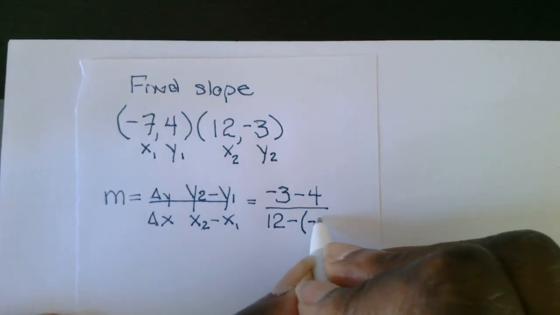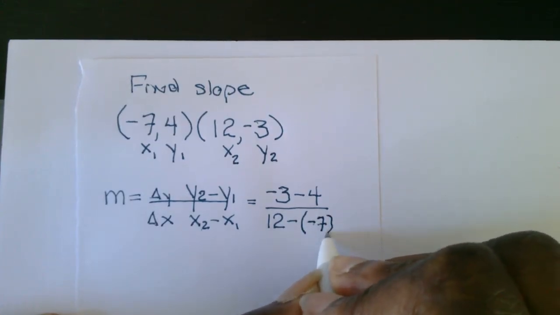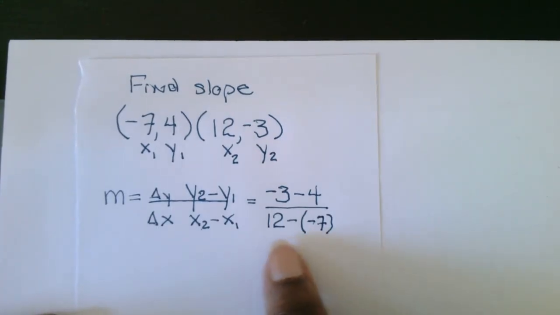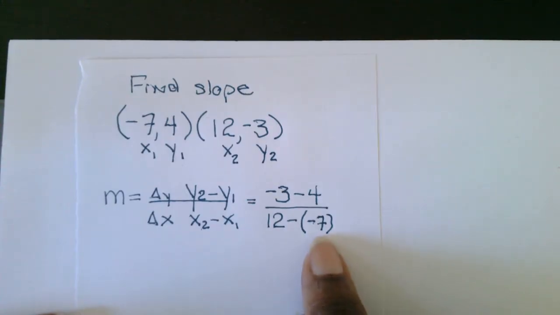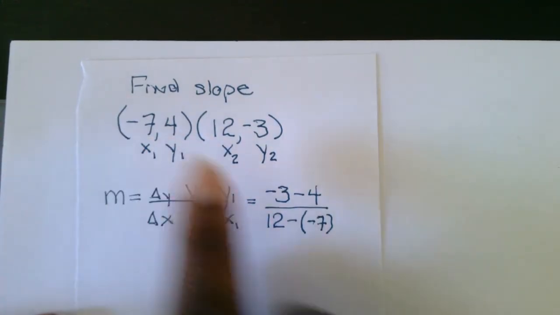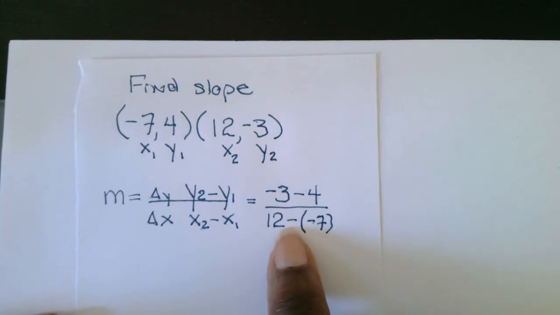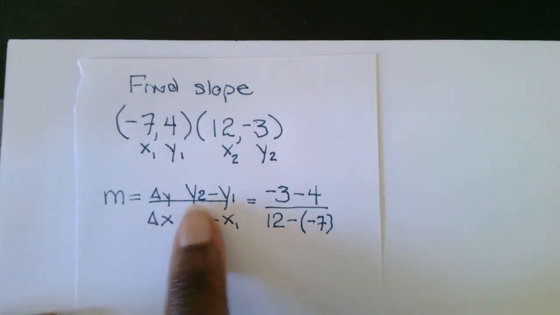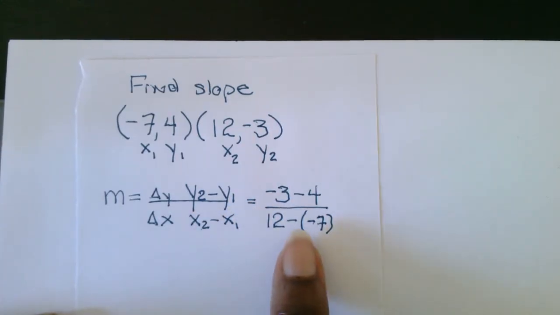This is where a lot of people go wrong, right here. A lot of people will put 12 minus 7, assuming that this negative sign is going to be replacing the subtraction sign from the original formula. No, you're only replacing the x and the y's, not the operation. So in fact, this is going to be a negative times a negative type thing.